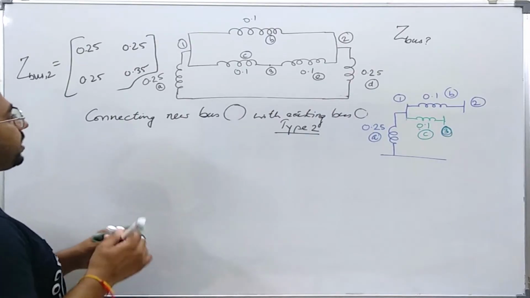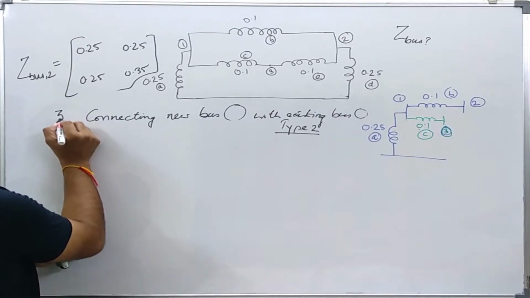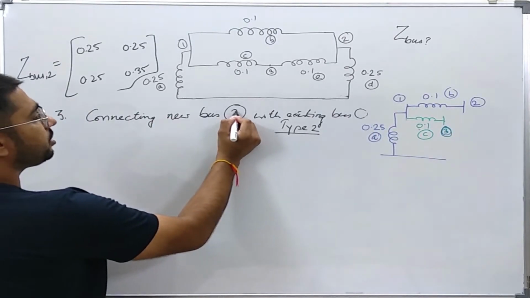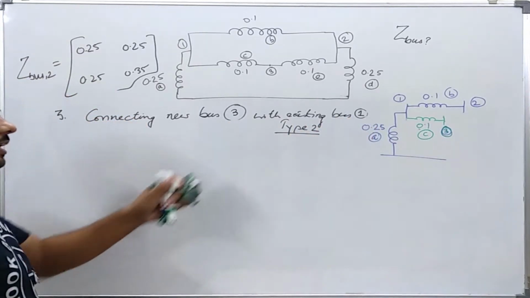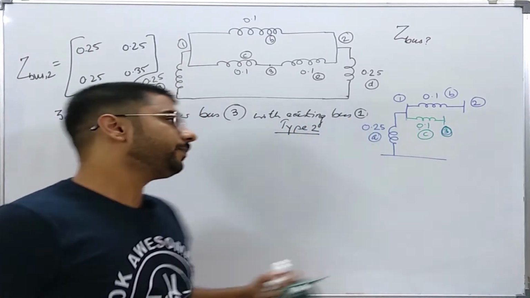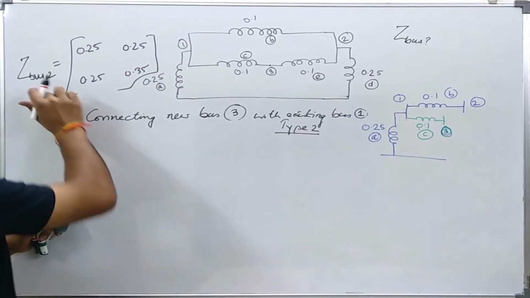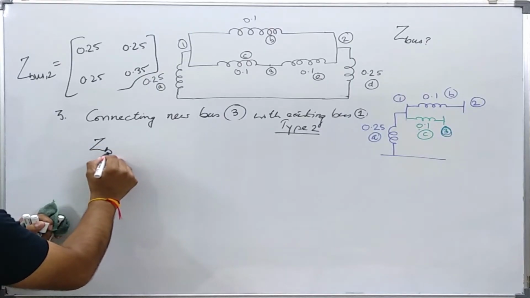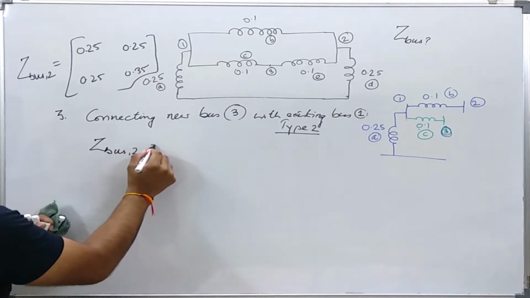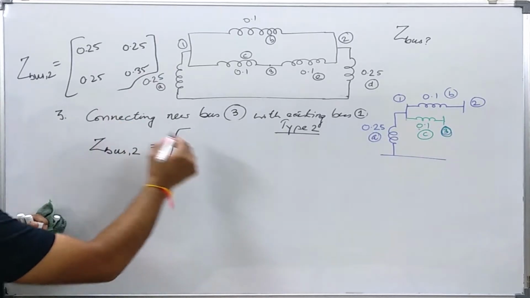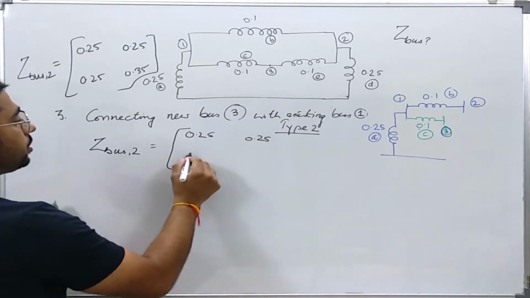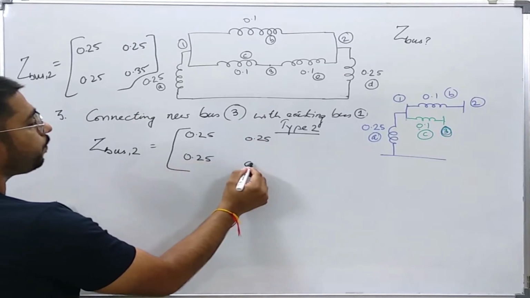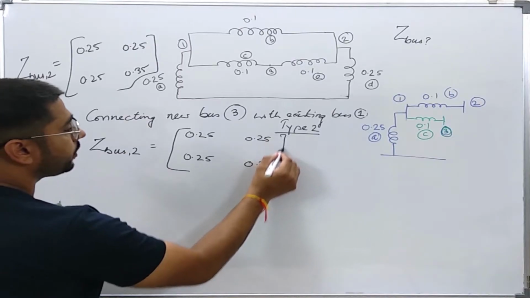Up to step number 2, the bus impedance matrix was 0.25, 0.25, 0.25, 0.35.